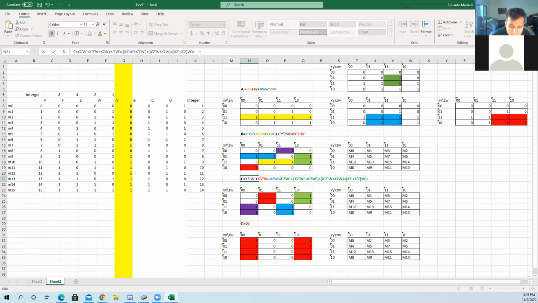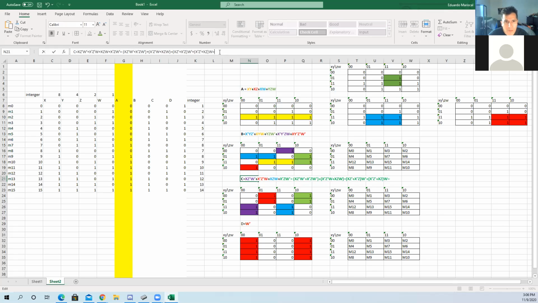And then plus, you can factor out from these two the W. So that would be X prime Z prime plus X Z, W. And I believe that this one is an XOR.